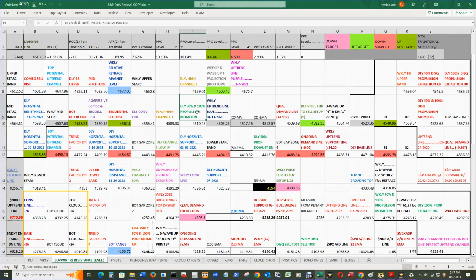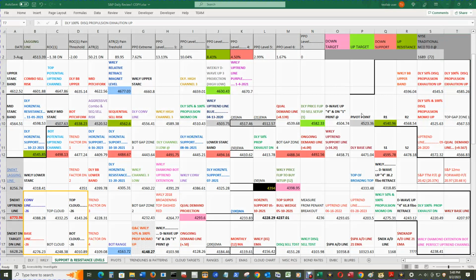Price ticked about 45.05, and that triggered a daily 50% and 100% disqualified propulsion momentum up at that level, and it could become qualified with a close above that level for end of day on the 3rd, and that will qualify the 50% and 100% propulsion exhaustion up levels.